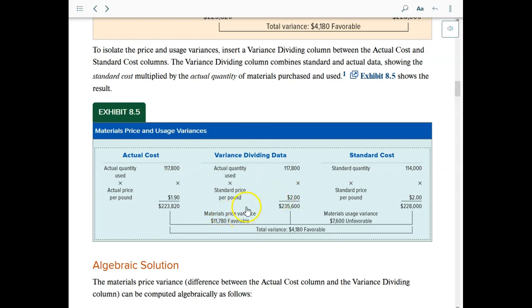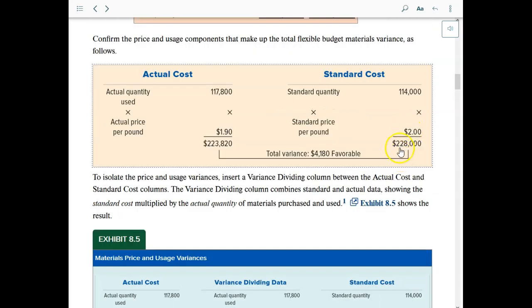So the price variance is 11,780 favorable. Based on what we actually purchased, compared to what we actually paid per pound, compared to what the standard called for, $2, we paid less. And so we have a favorable materials price variance. The third column, this is the 228,000 right here.